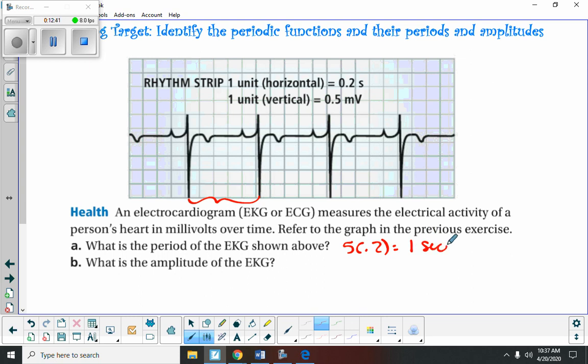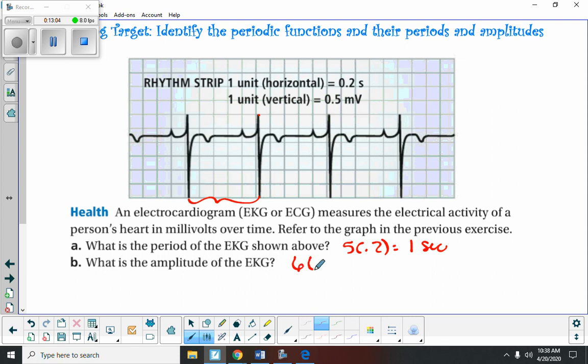What is the amplitude? Well, remember, the amplitude is the max minus the min divided by 2. So basically, we want to know how many units this is. So it's 1, 2, 3, 4, 5, 6. So it's 6 units. And each of those represents a millivolt.